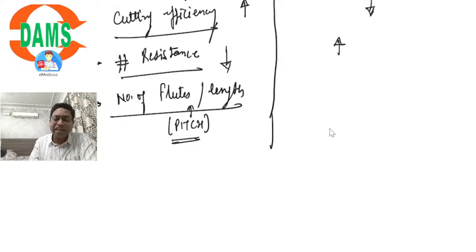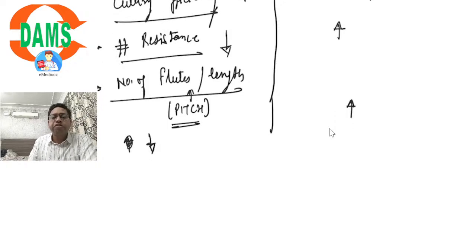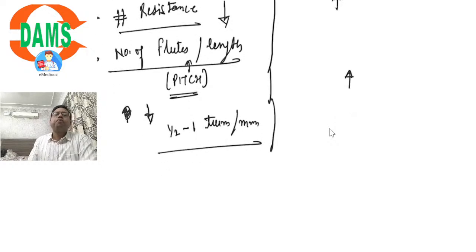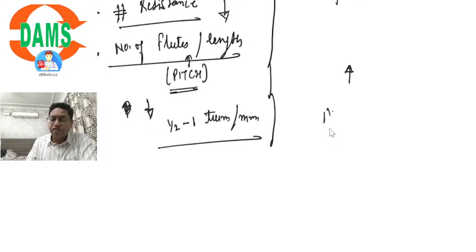So the number of flutes per unit length for the reamers is less, and for the files it is more. The number of twists per unit length for the reamers is less. We give about 1/2 to 1 turn per millimeter. For the files, the number of turns per millimeter is more, in the range of 1.5 to 2 turns per millimeter of length.